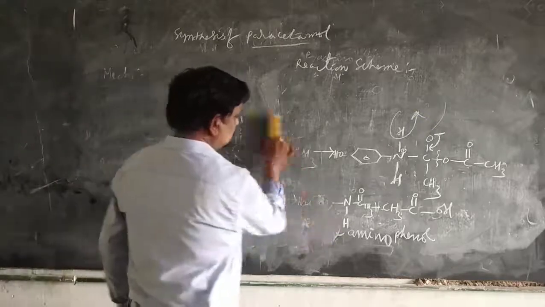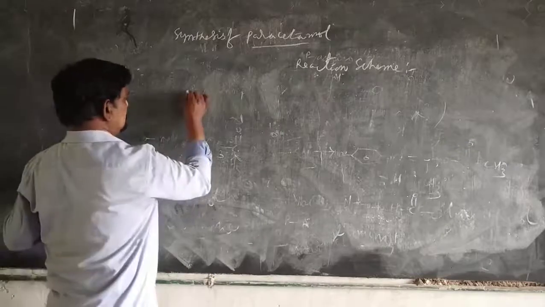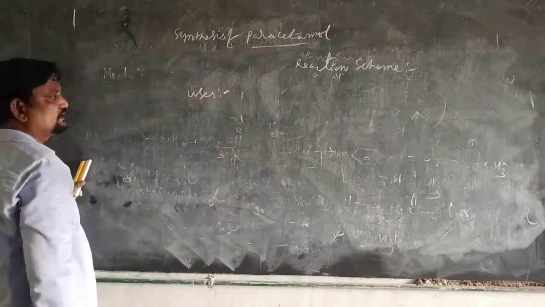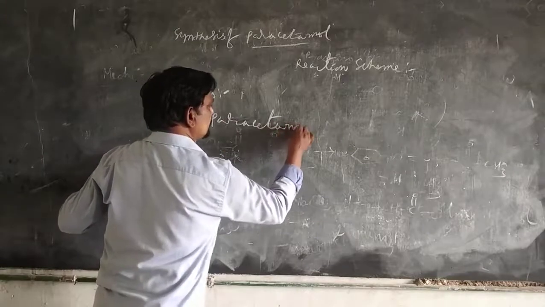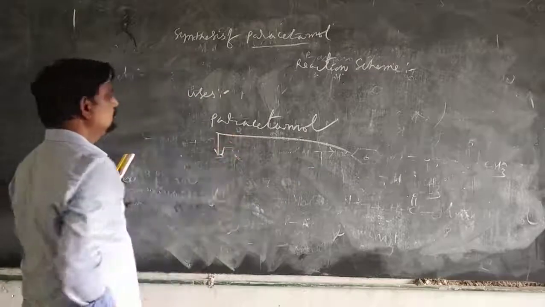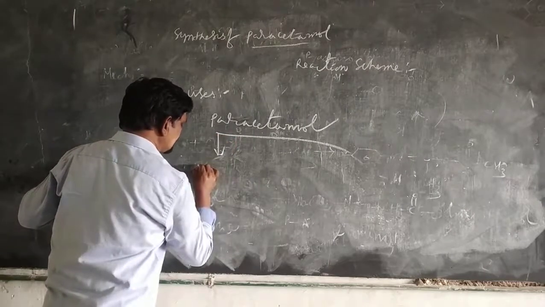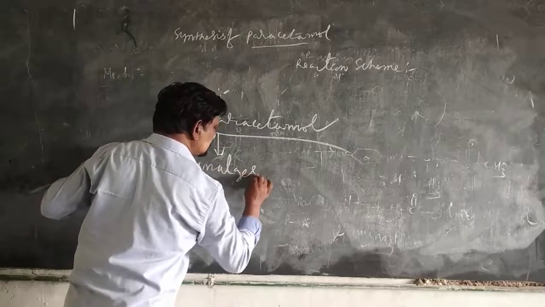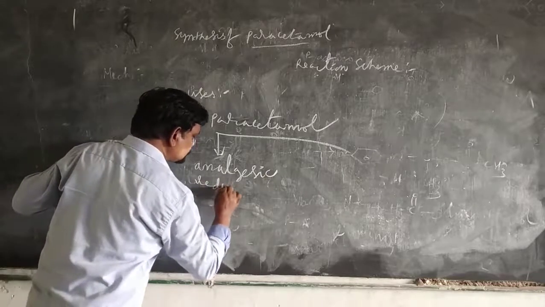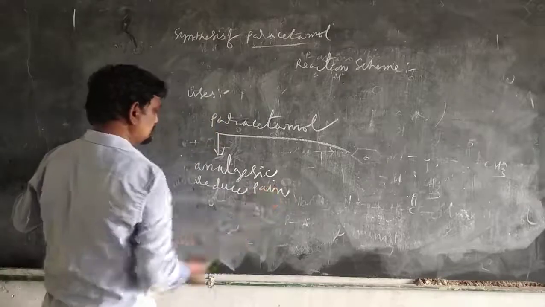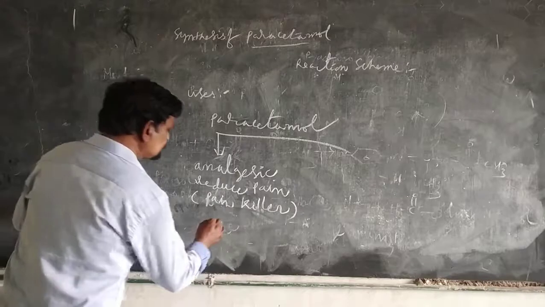Paracetamol also has multiple clinical uses. That means paracetamol acts as an analgesic and antipyretic. The first use: paracetamol can be used as an analgesic. Analgesic means it reduces pain, a painkiller, or it abolishes the pain.